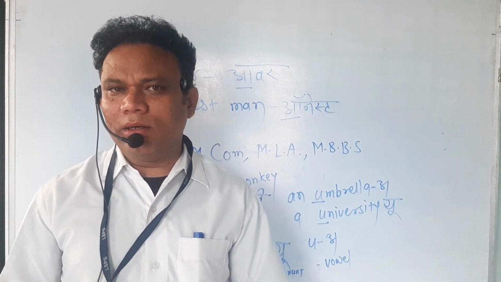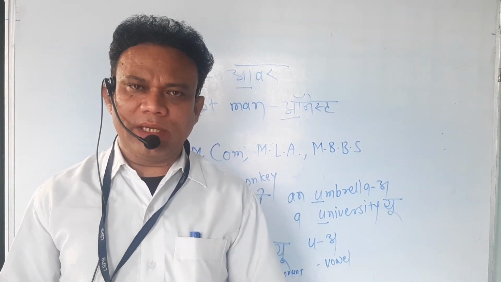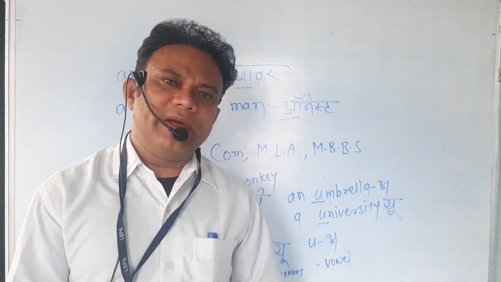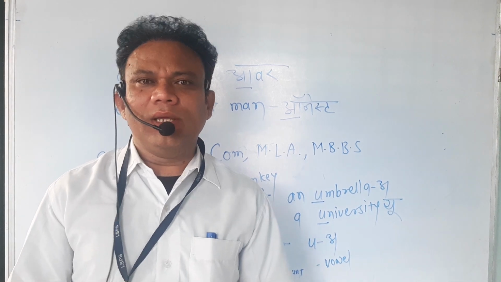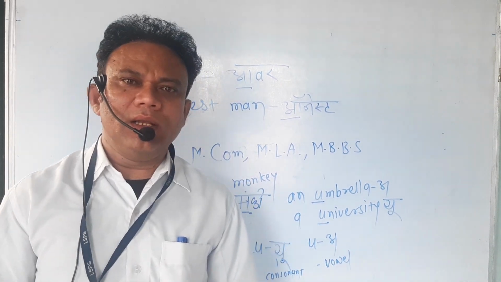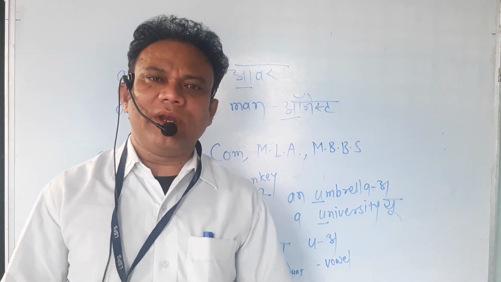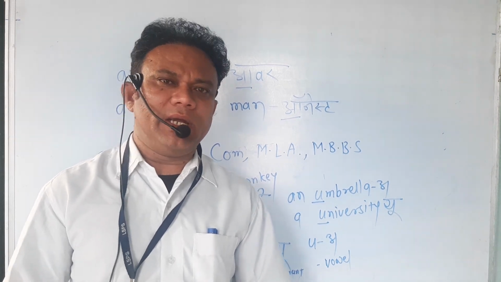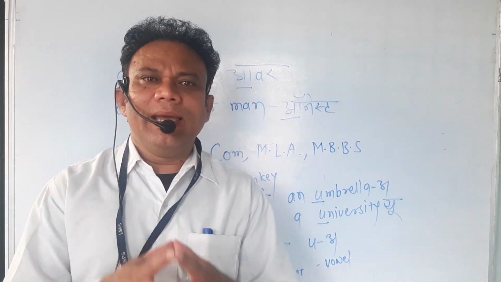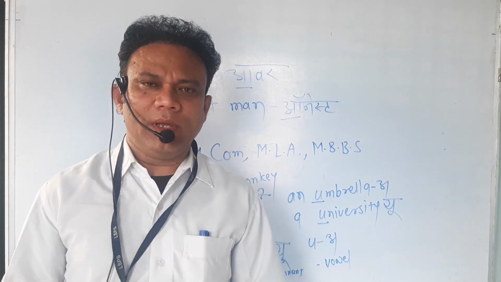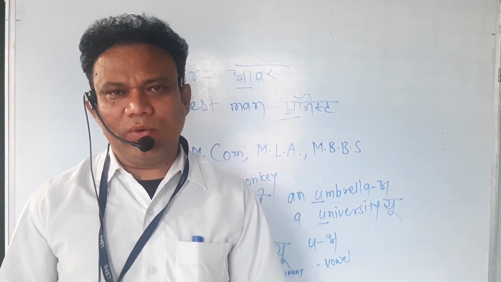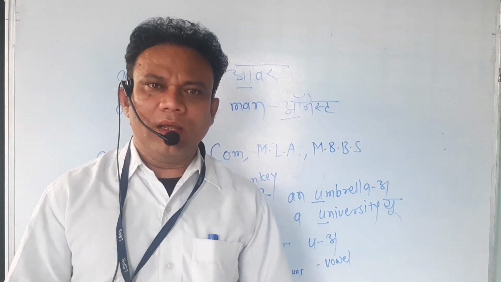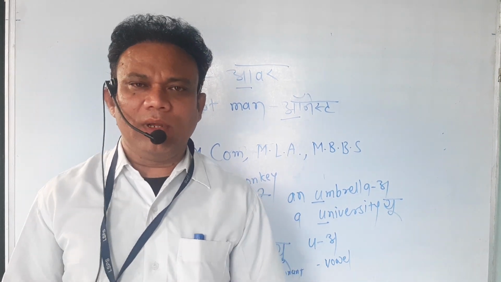Regarding the article the, one more important point is there. Students, whenever we use the article before any adjective, what does it mean? It means the people. For example, black is an adjective. If I say the black, it means black people.